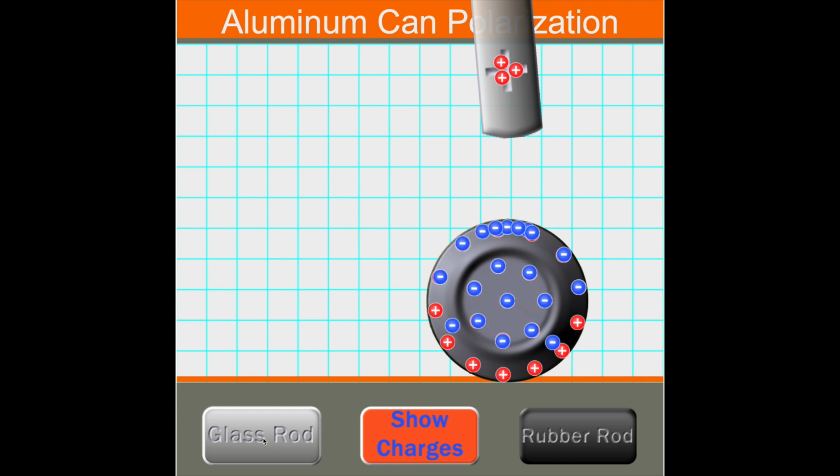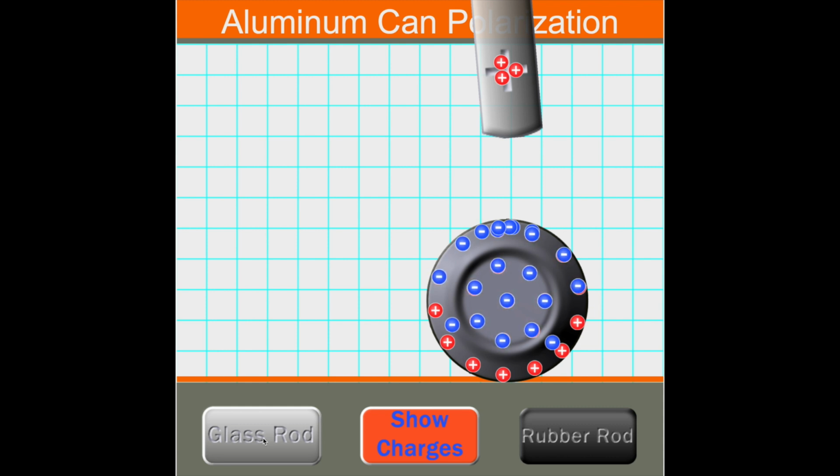What you saw is that some of those electrons very quickly moved from the bottom, far from the positive charge, up to the top of the can, closer to the positive charge. And as a result, this electrical conductor has a net polarization. The negative charges are closer to the top, whereas the positive charges are closer to the bottom.